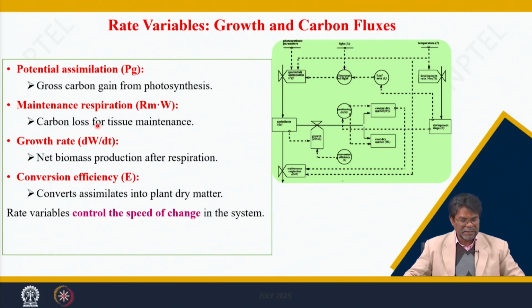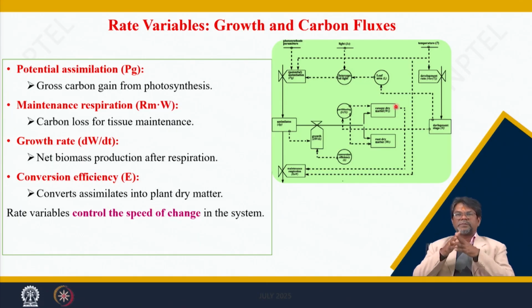So, this is maintenance respiration, the amount of carbon lost. Maintenance respiration depends on temperature and other parameters, light and temperature, and also on the initial dry weight of the crop.